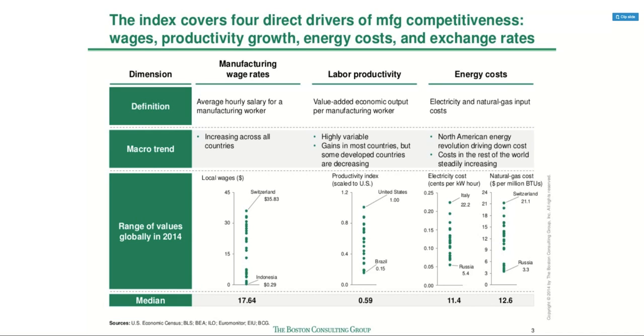The index, so again, we have a chart, a whole bunch of data. Now, we don't want to leave it up to the individual reading it to interpret the chart. We want to say in the title not only what it means, but what they should get out of it, what they should take away. The index covers 4 direct drivers of manufacturing competitiveness: wages, productivity growth, energy costs, and exchange rates.